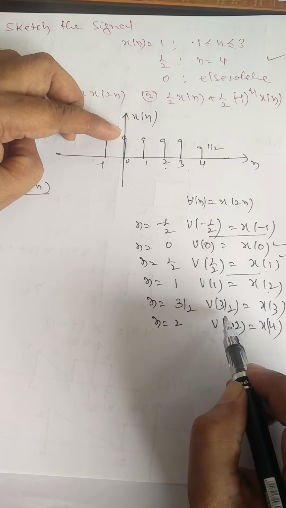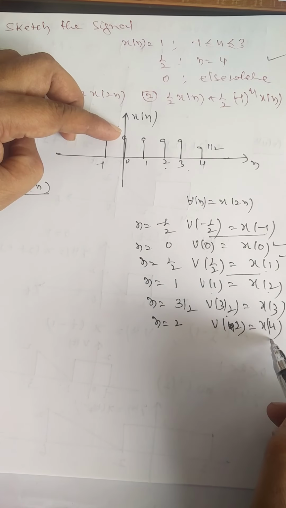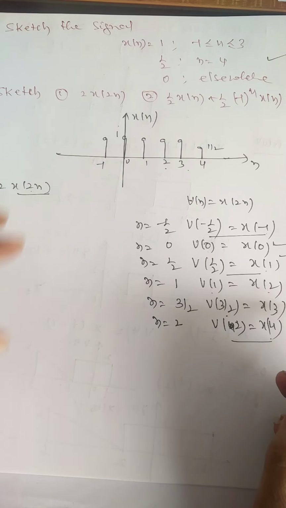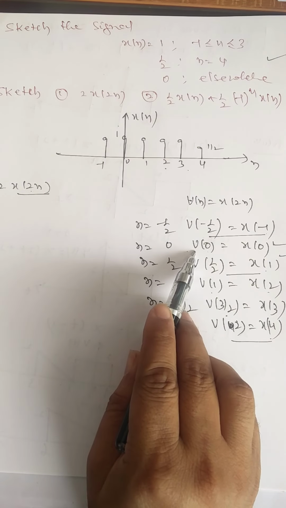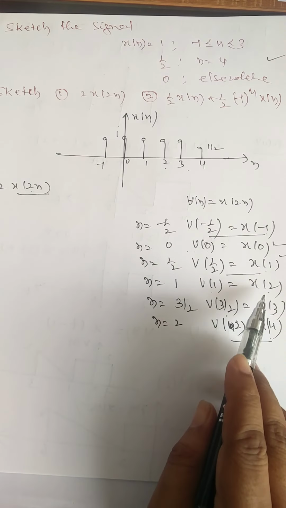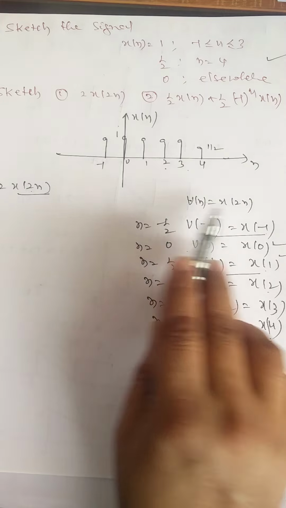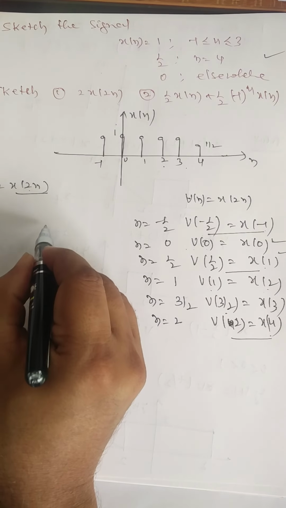X of 3 cannot be mapped because 3 by 2 is 1.5, and x of 4 can be mapped at 2. That means what is at 0 stays at 0 in the new signal, what is at 2 comes at 1, and what is at 4 comes at 2. The remaining samples will not exist in the scaled version of the signal.